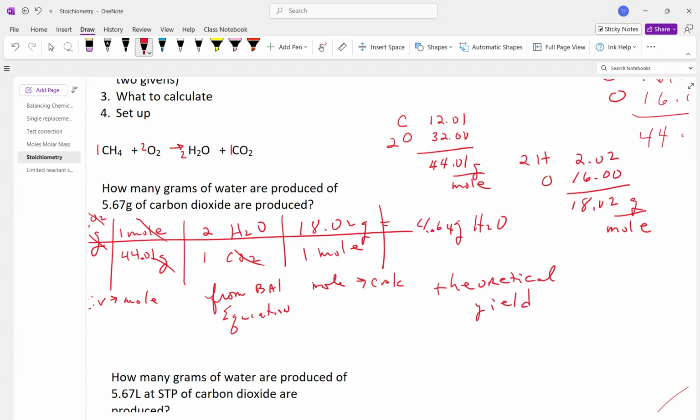So theoretically, we're going to be able to get 4.64 grams of water.